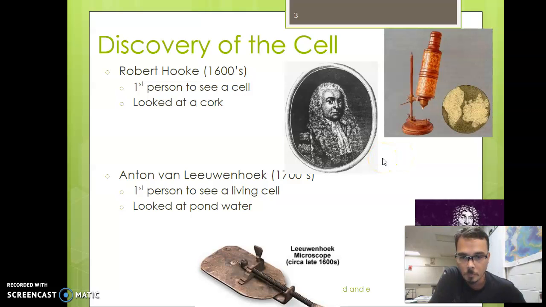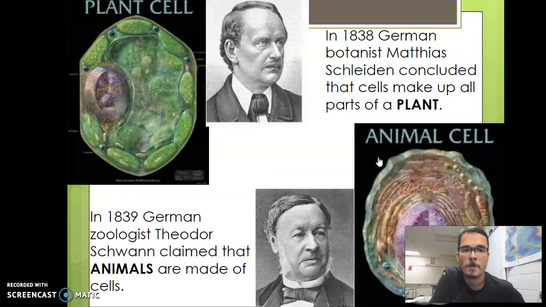Anton von Leeuwenhoek was the first person to see a living cell, and he was looking at pond water. Next, in 1838, you had Schleiden, who concluded that cells make up all parts of a plant, and then Theodor Schwann in 1839, just a year later, made the same claim about animals.